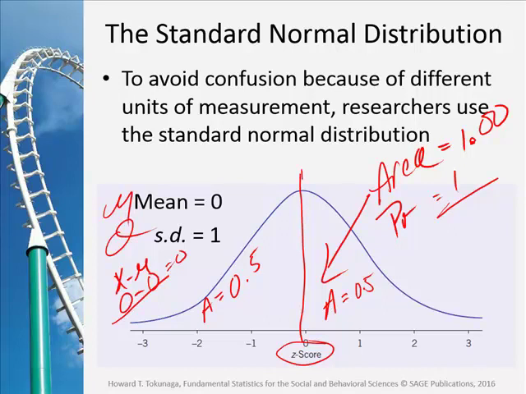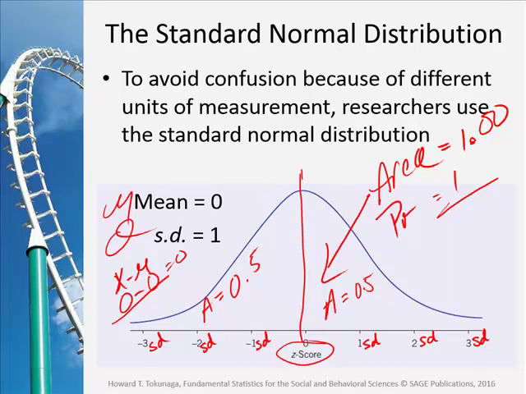Now the next step. A z-score is really a unit of standard deviation. We're going to go through some examples just to prove this, but a z-score of 1 is 1 standard deviation away from the mean.